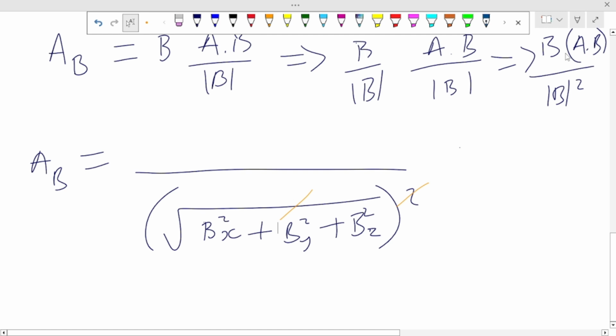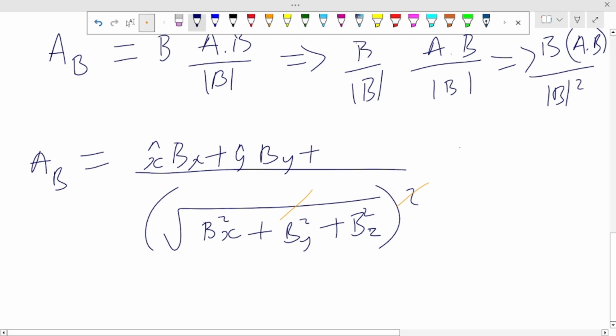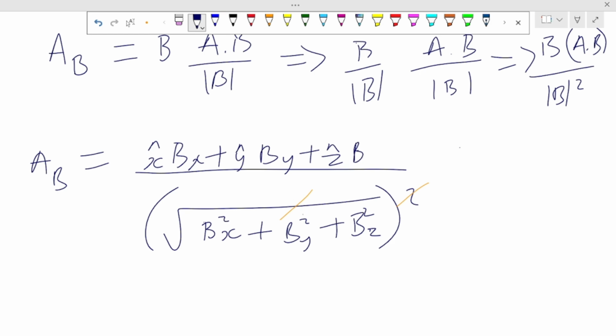And then for our B and A dot B, note that this B, that B right there, it means x direction, bx plus y direction, by, plus z direction, bz, and then we have a dot b.